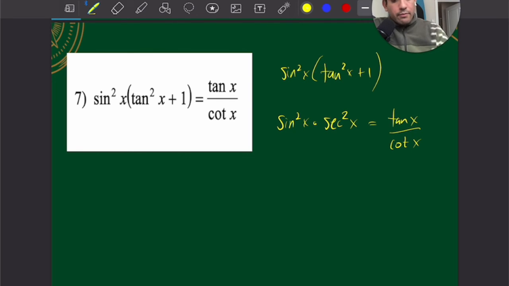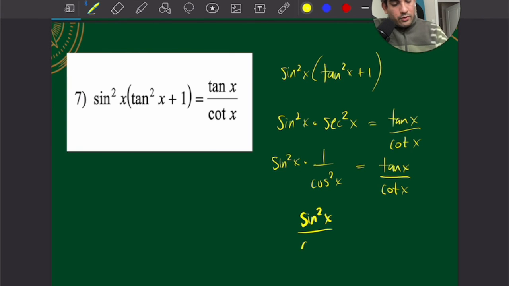So I'm going to convert that now. I'm going to have sine squared x times 1 over cosine squared x is equal to tan x over cotangent x. So this becomes sine squared x over cosine squared x. Now, a lot of the times when we're proving identities, you're not supposed to manipulate the right side.